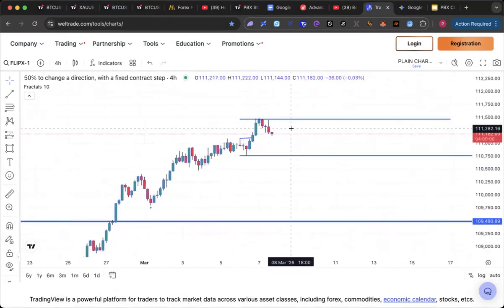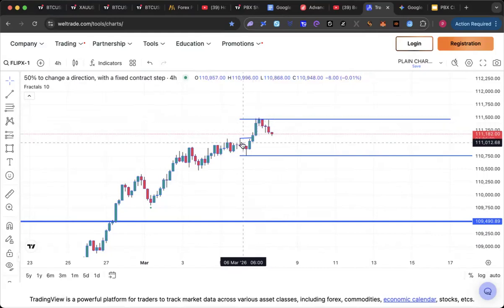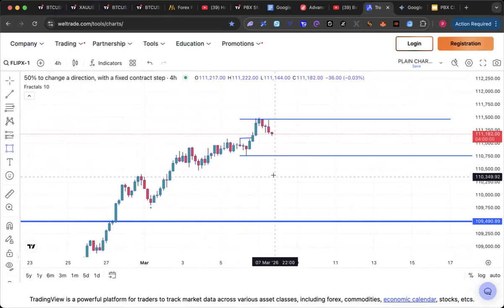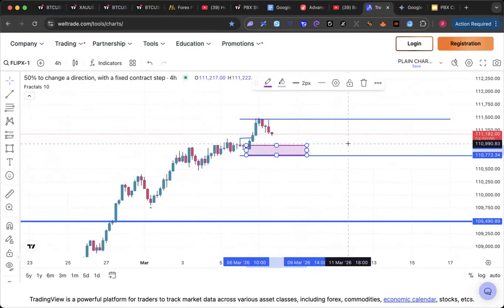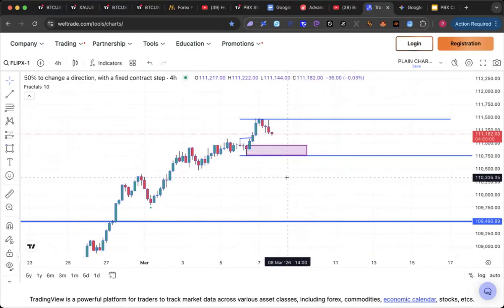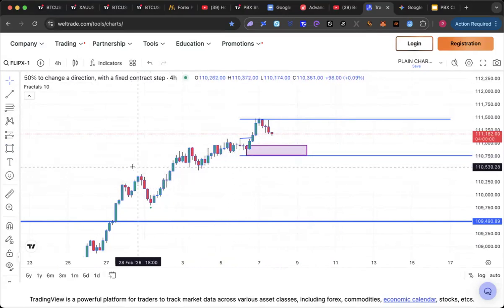Like I said, I think the previous day was taken out. Ordinarily, if the market was still going to go up, you're going to come here to this order block. Do you see that? We have a breakout structure here.